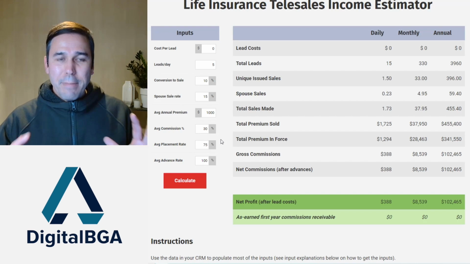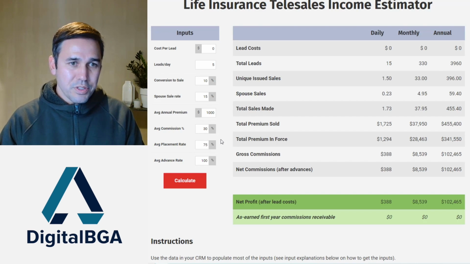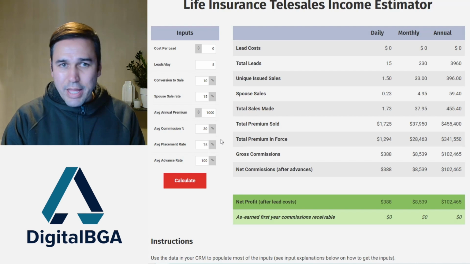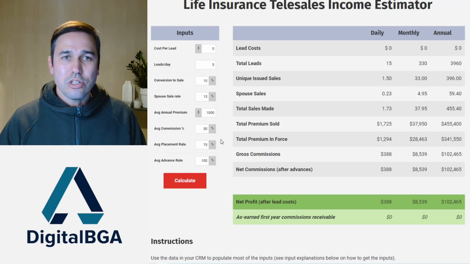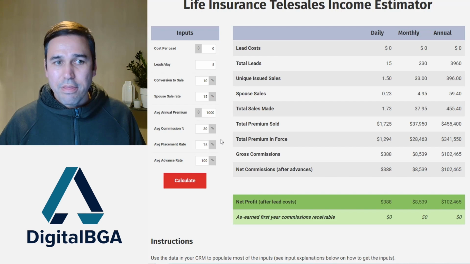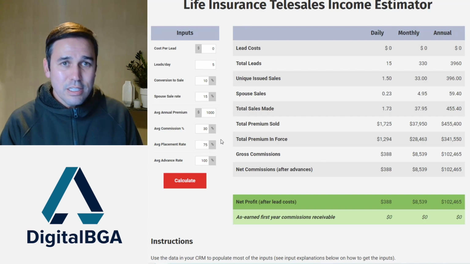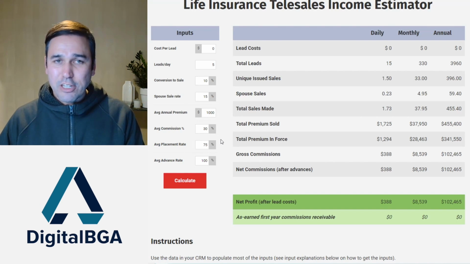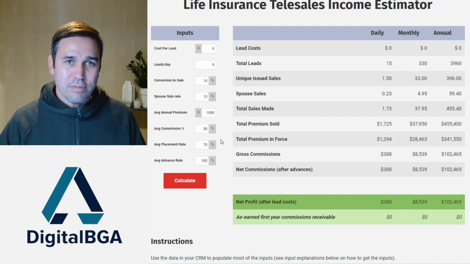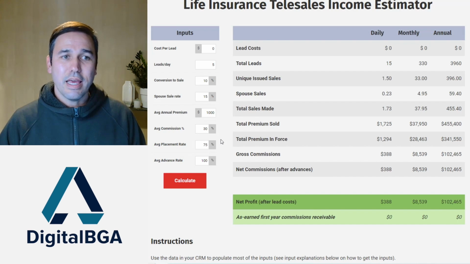And so messing with these inputs and getting real data into it and then playing with them, like, hey, what can I do to increase my profits every single month? And focusing on that. If you need to increase your conversion to sale and you're an outbound agent, you've got to make more dials, put in more activity, and fix your presentation. If you're an inbound agent, you've got to fix your presentation and take more calls even.